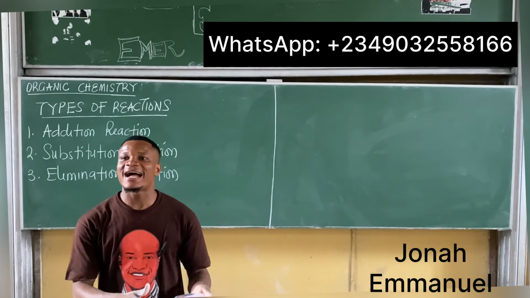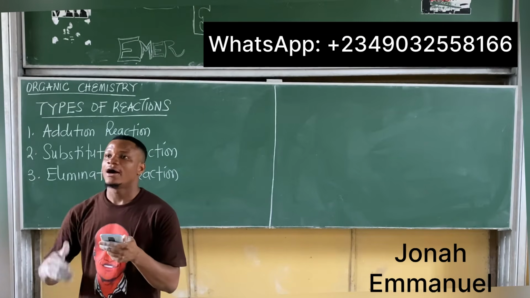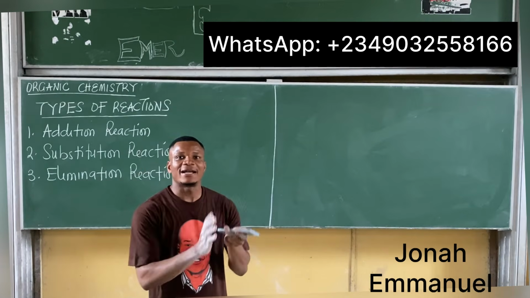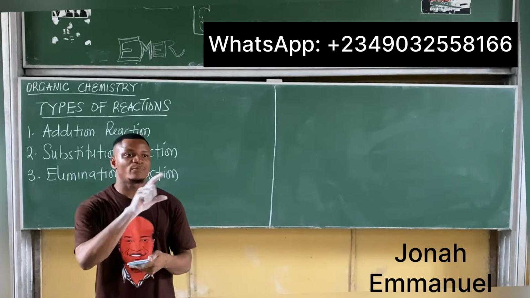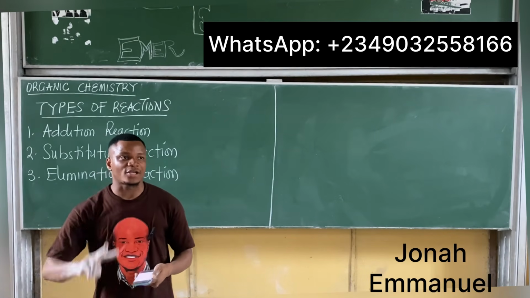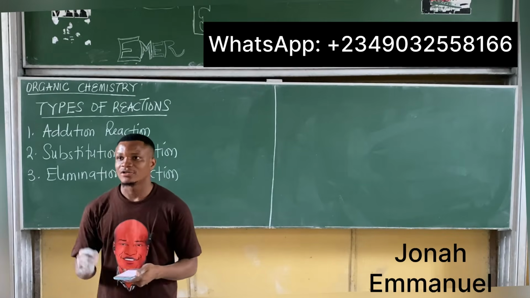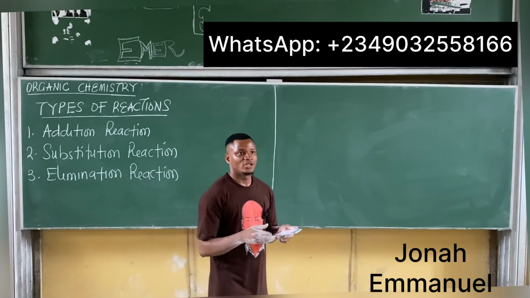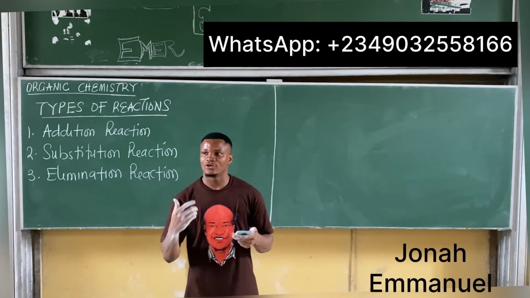Example, alkyne to alkene, or alkene to alkane. Alkyne, that's Y-N-E, to alkene. So the triple bond has broken down to what there? Double bond. Or from alkene to alkane, that's from double bond to single bond. So that's how you identify addition. There will always be a breakdown of complex hydrocarbon to a simpler one.